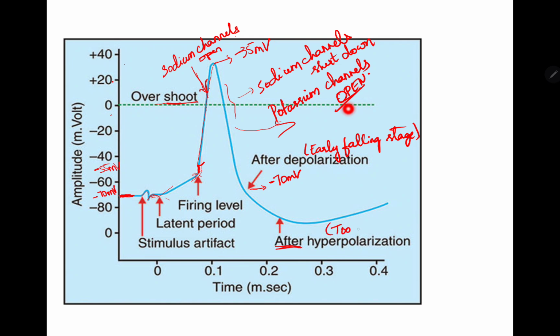When it is a negative dip, it is known as after hyperpolarization, where the potassium channels are slow to close. Too much potassium leaves here, and then the channels close.